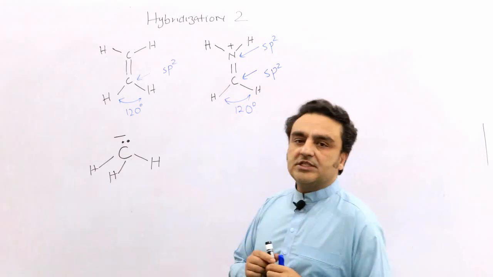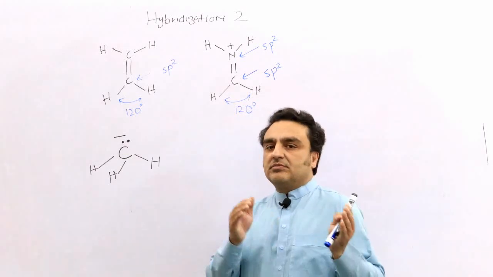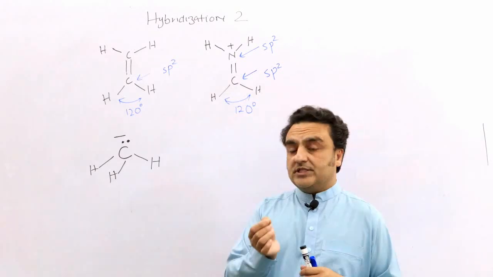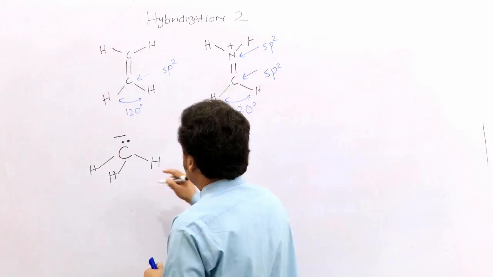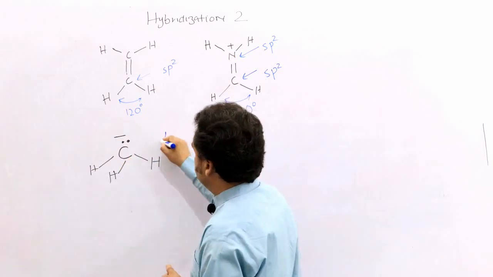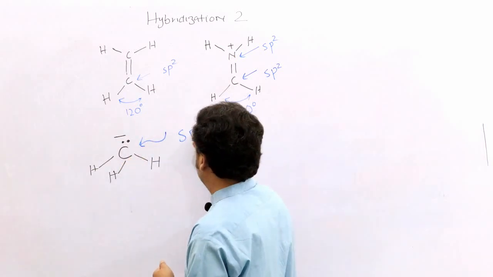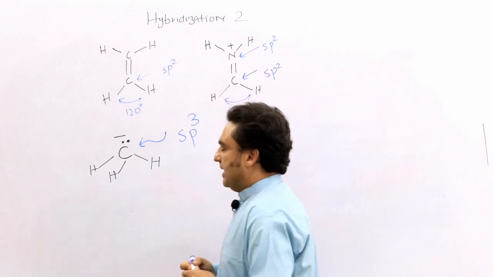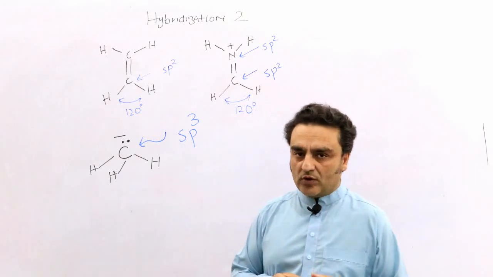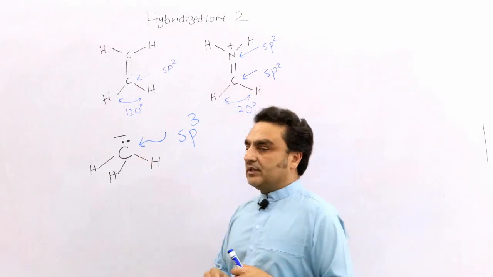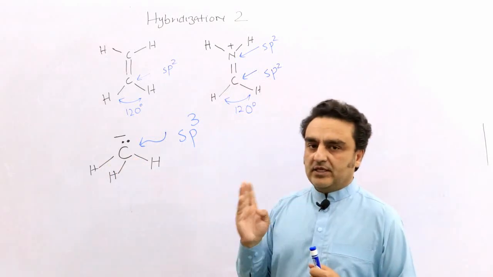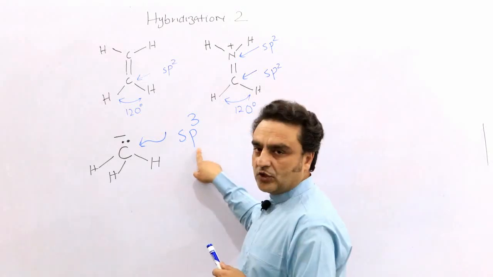But in fact this molecule is sp3 hybridized, but how the orbitals look like, you will see. This carbon is sp3 hybridized, and now when it is sp3 hybridized, it can form 4 covalent bonds. What happens is this carbon atom keeps its 3 electrons in sp3 hybridized orbitals.